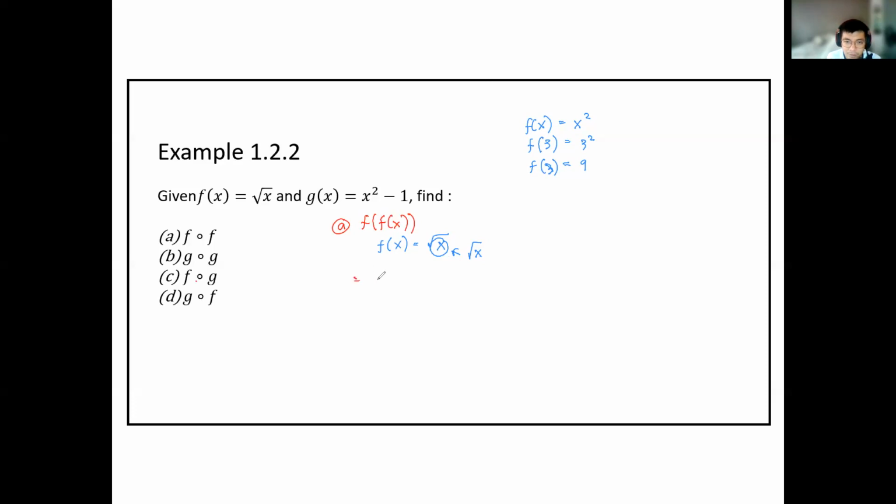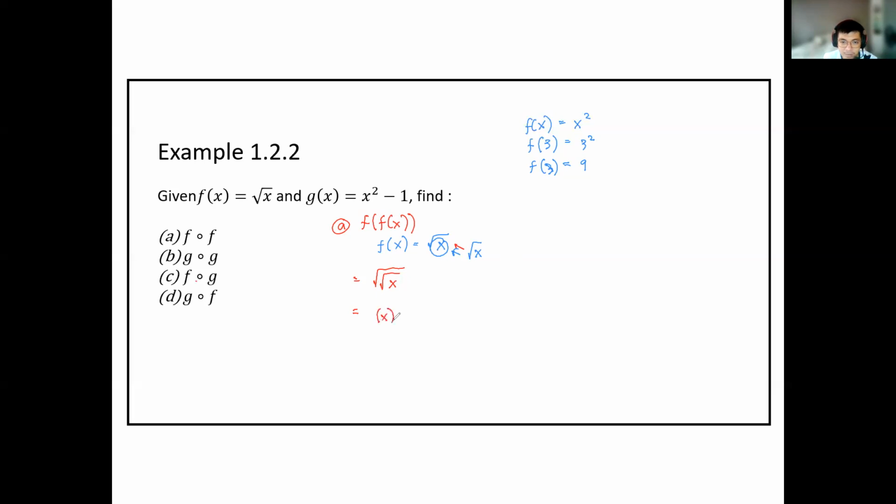Going back, our function of f would first be the square root of x. Then we place it again here, the square root of x, so you're going to have a double square root of x. Simplifying even further, by the exponent rule, you can change this into exponent format. Square root is to the power of 1/2, right?